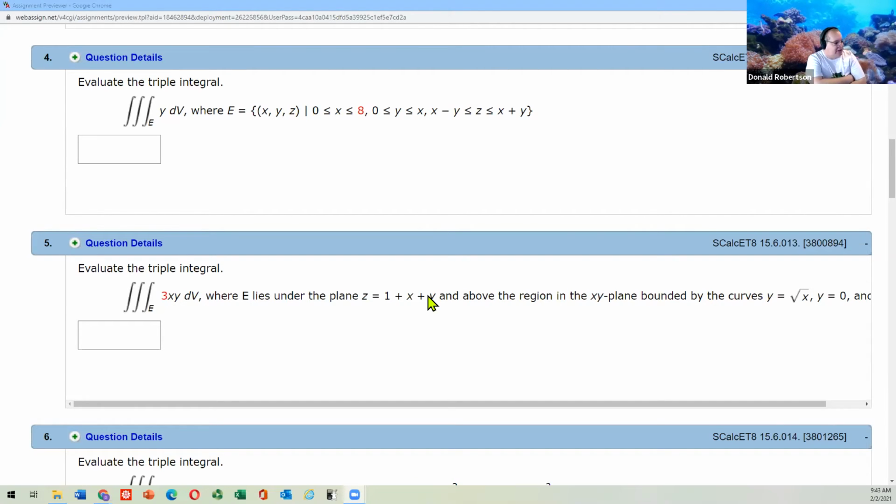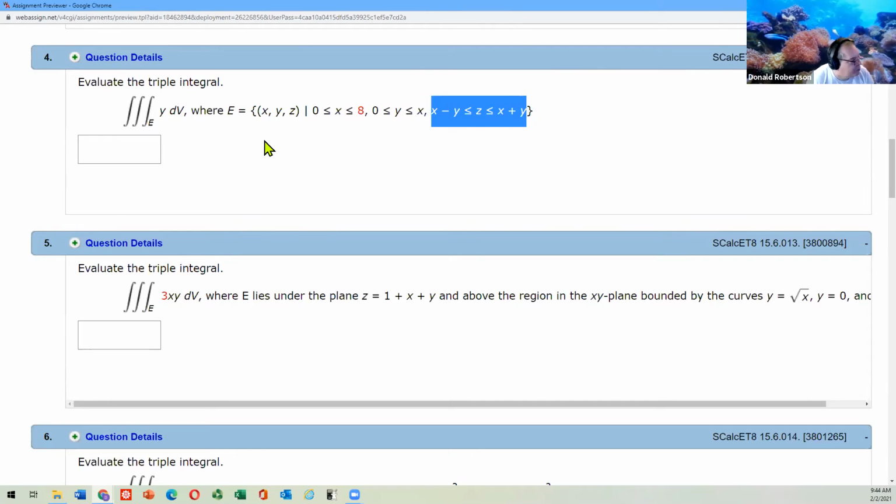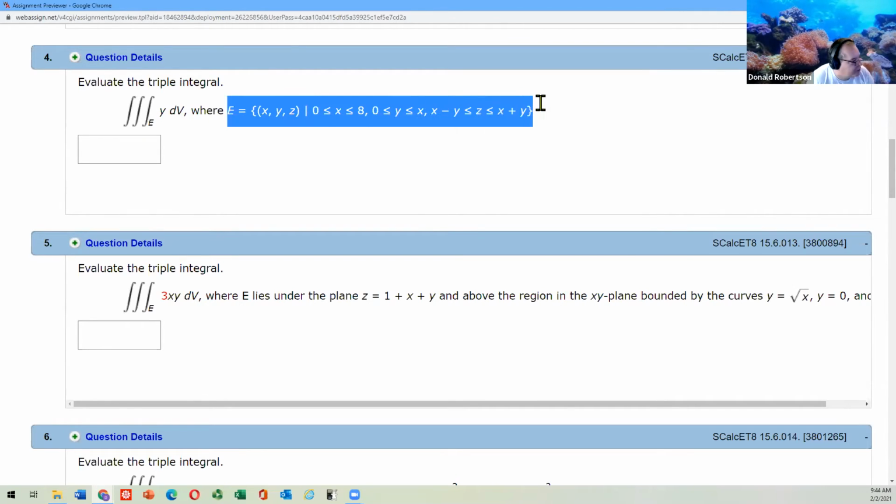The region E is given using essentially set builder notation. So we need to translate all of this information into limits of integration.